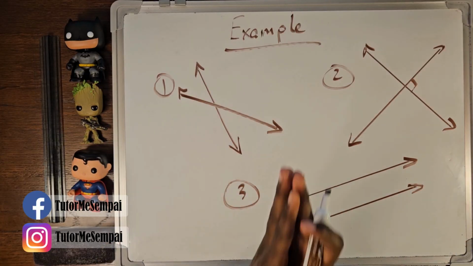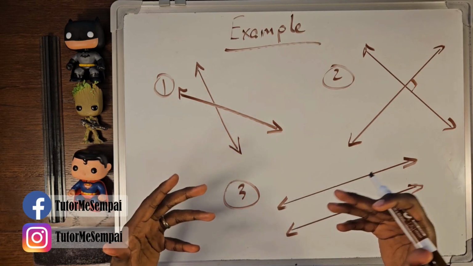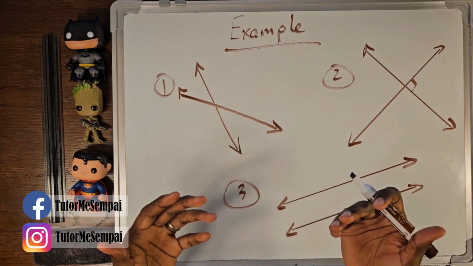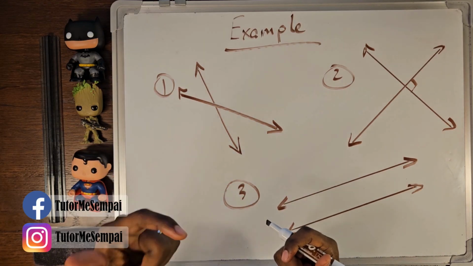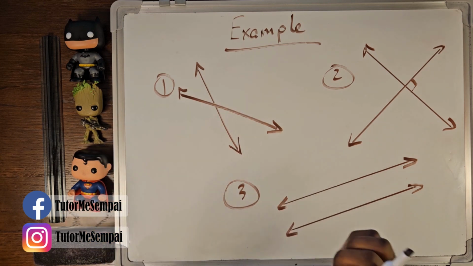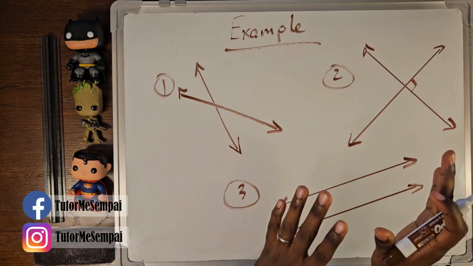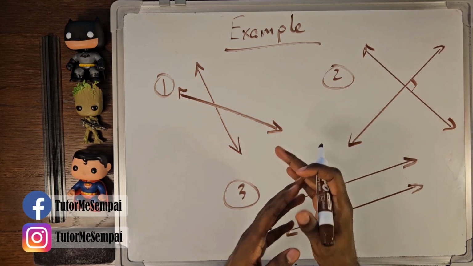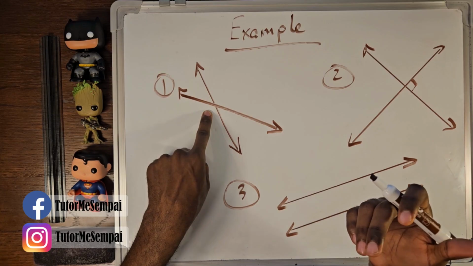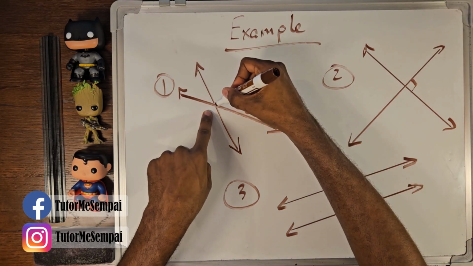So here we have three really quick examples just to give us a little bit more practice. So our first one, is it going to be parallel, intersecting, or perpendicular? Well, looking at this, ask yourself that first question. Does it ever touch? It seems like it does. If you look at this, they're touching right now.